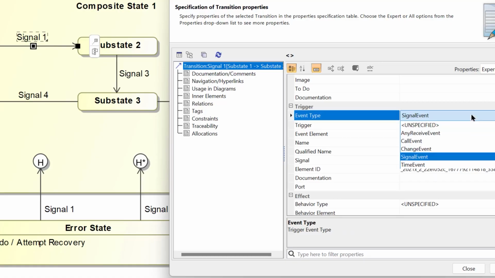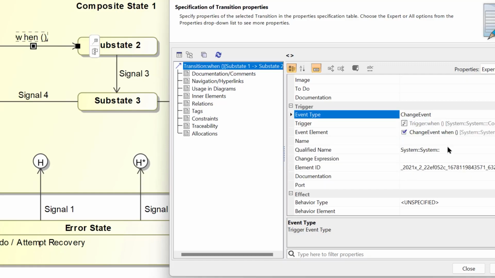However, there are other things that we can use besides signal events to transition state machines to other states. Notice here we have any receive event. That would really be any type of event, any one of these other events that could occur, such as a call event. A call event would be the call for an operation, and that can be used to trigger a state change. Notice we also have change event.